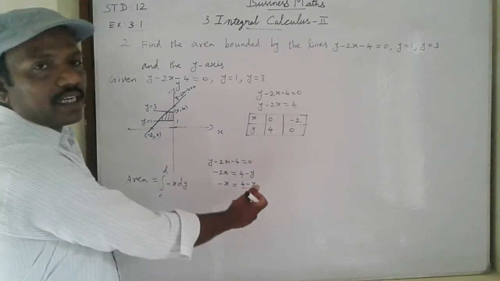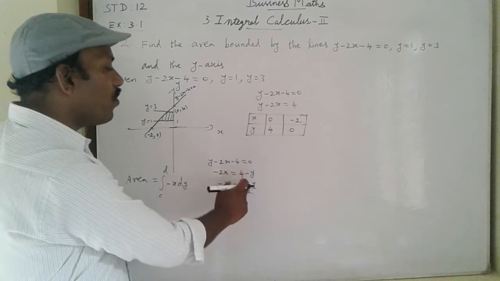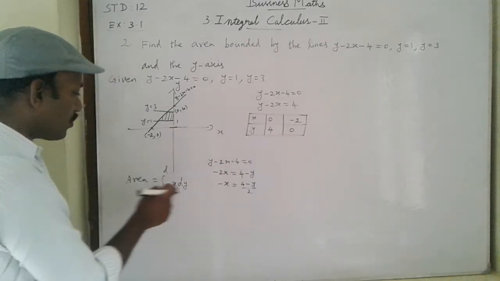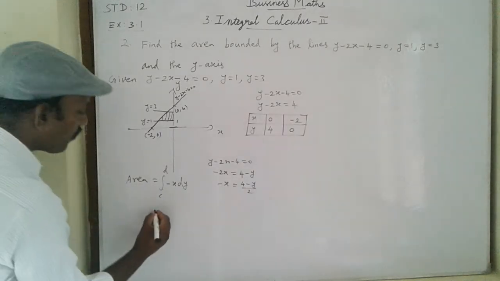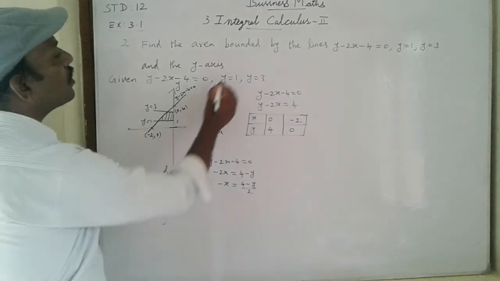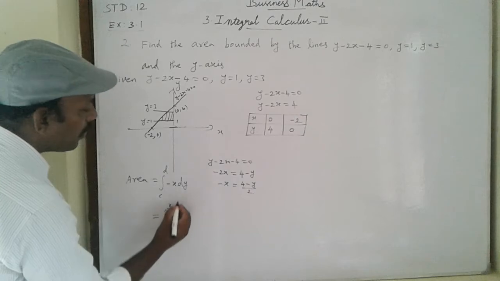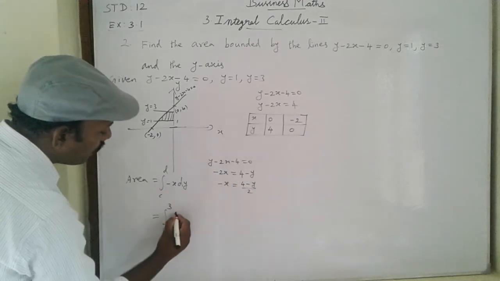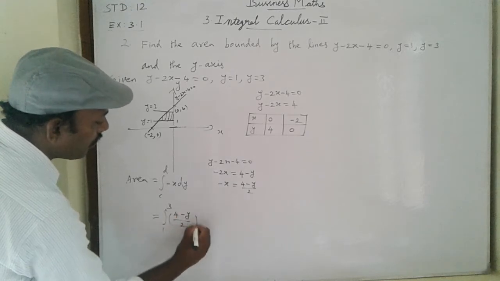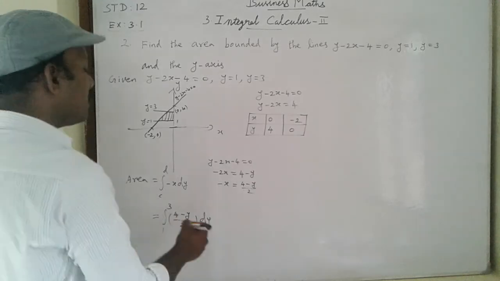Now substitute minus x here. The limit is 1 to 3. Integral 1 to 3 of 4 minus y divided by 2 into dy.